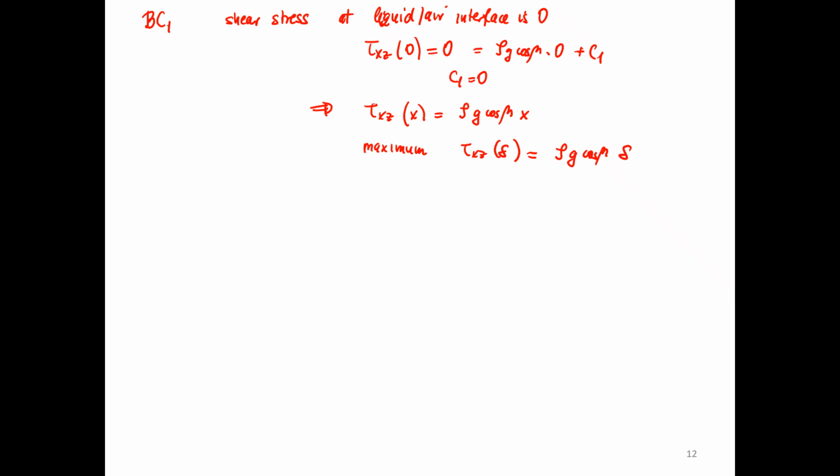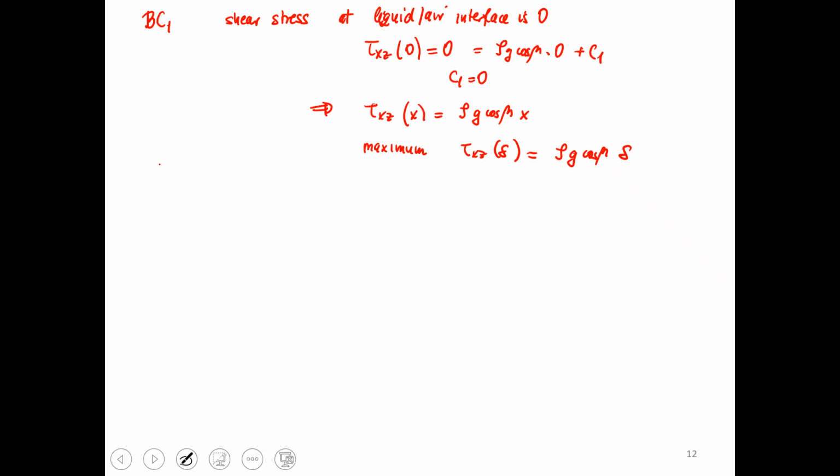Excellent. So this is shear stress really regardless of the fluid. I could have Bingham, I could have whatever. This is my shear stress. Now, I really want to get the velocity distribution. So for velocity distribution, I now apply the assumption that this is a Newtonian fluid.